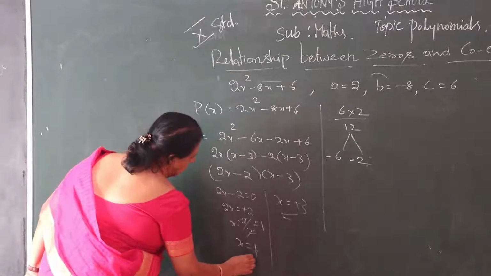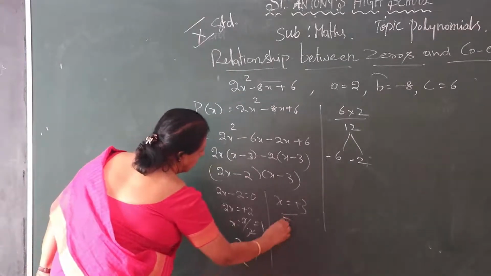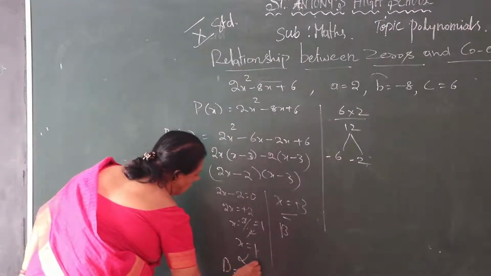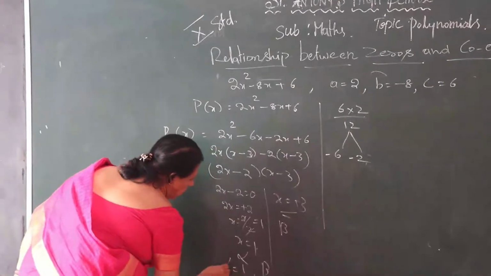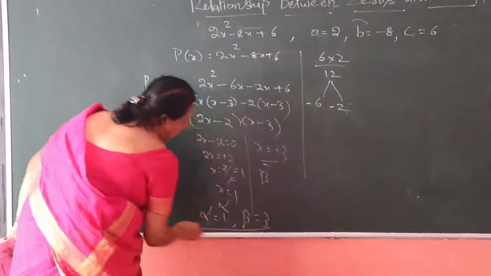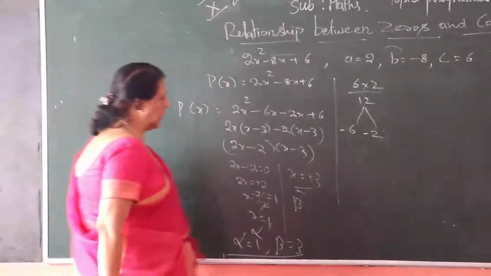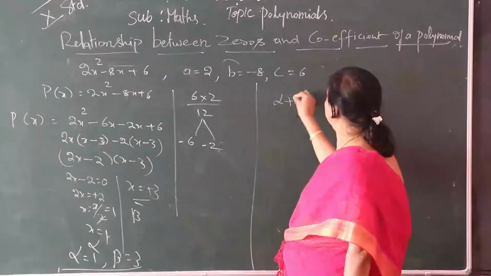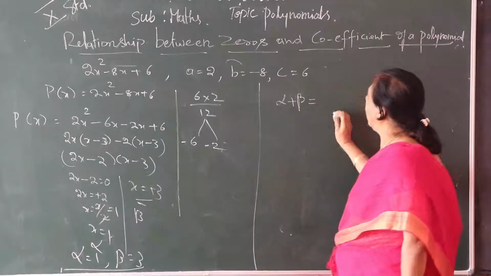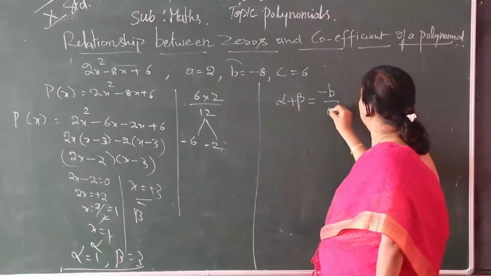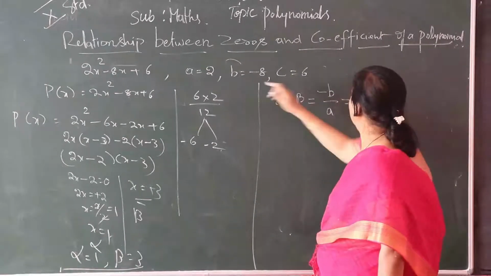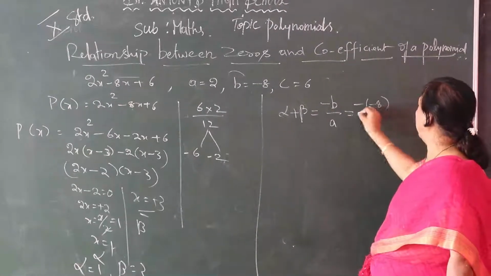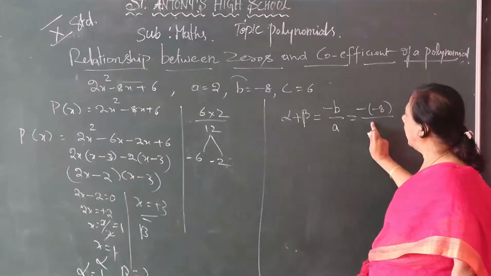You consider this as alpha, this as beta. So alpha is equal to 1, beta is equal to 3. You find out once again the sum. What is alpha plus beta? Minus b by a. What is minus b? Minus 8 is there in the formula, so the substitution value is 8.